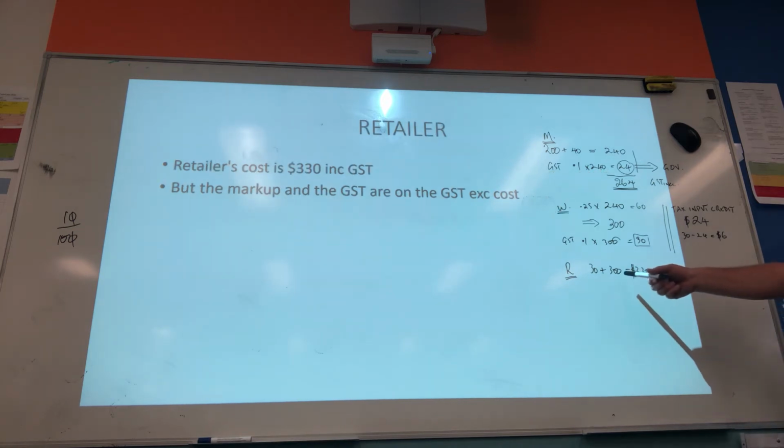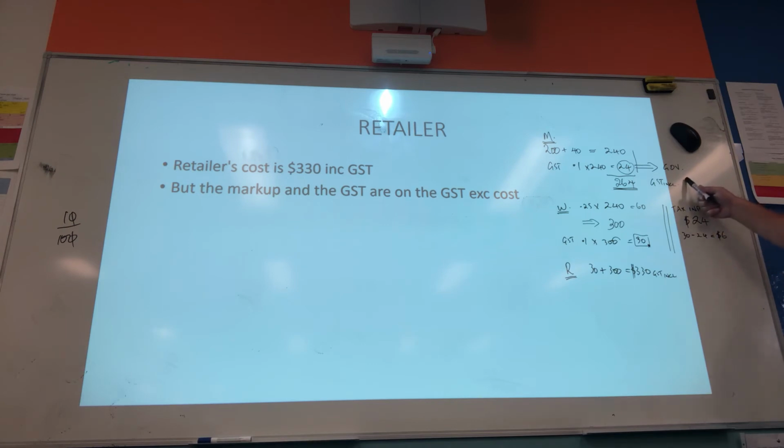So here we've got the retailer. When the retailer gets it, he's got to pay $330, that's GST included. So basically this $30, which is made up of this guy's $6 and this guy's $24, has been paid. Now you can't mark up that $30.